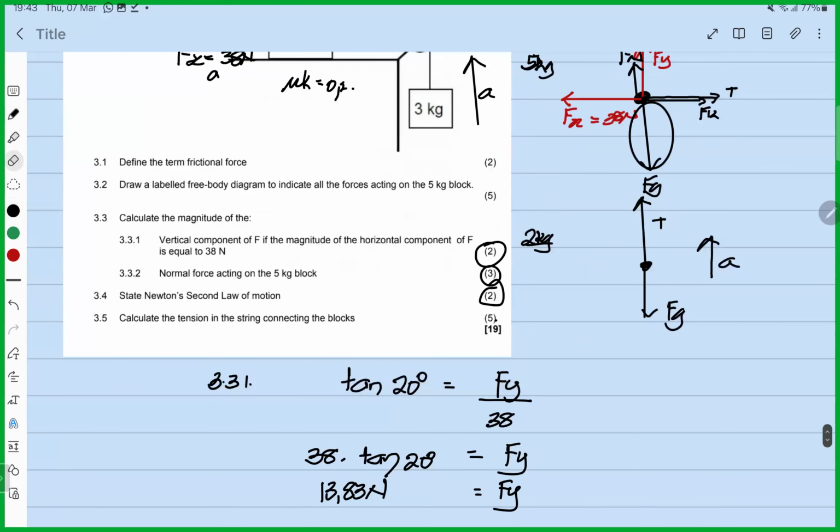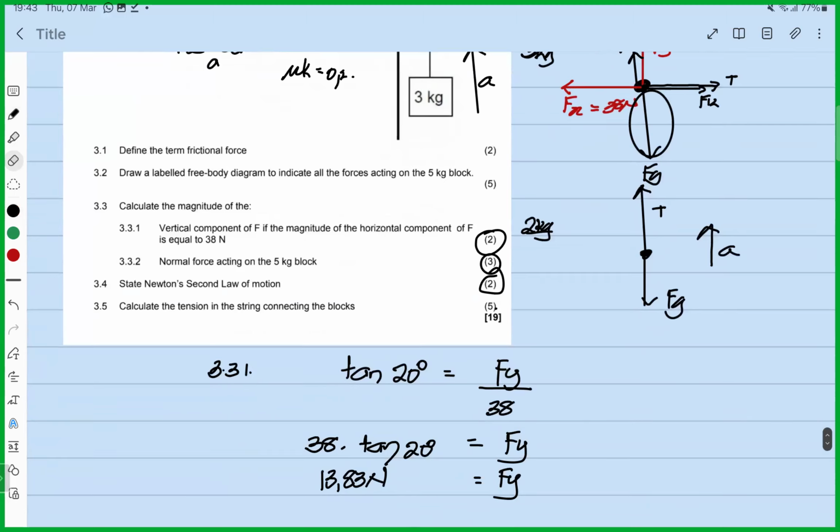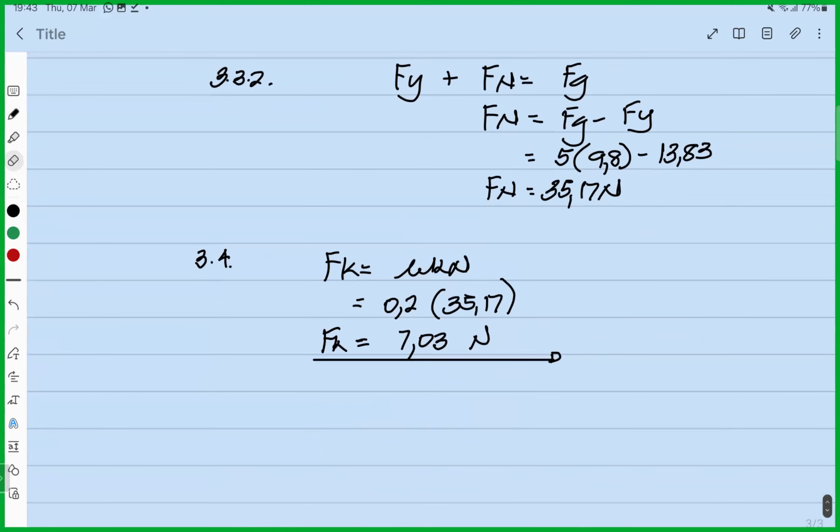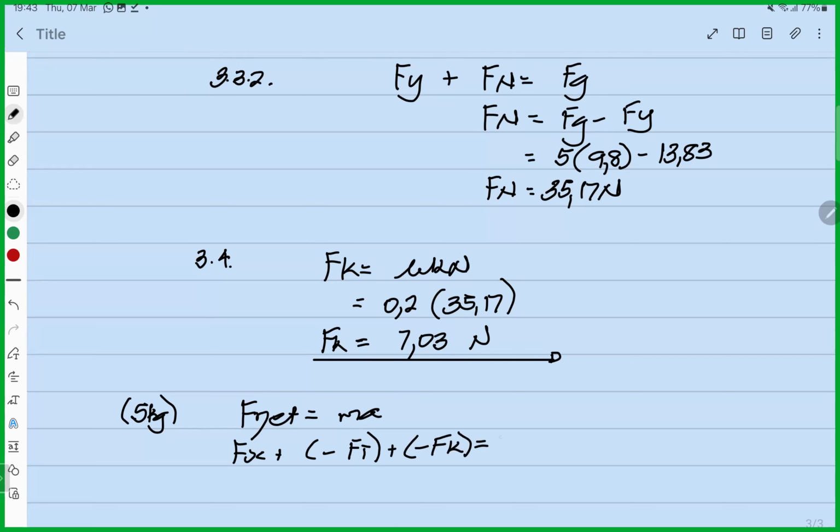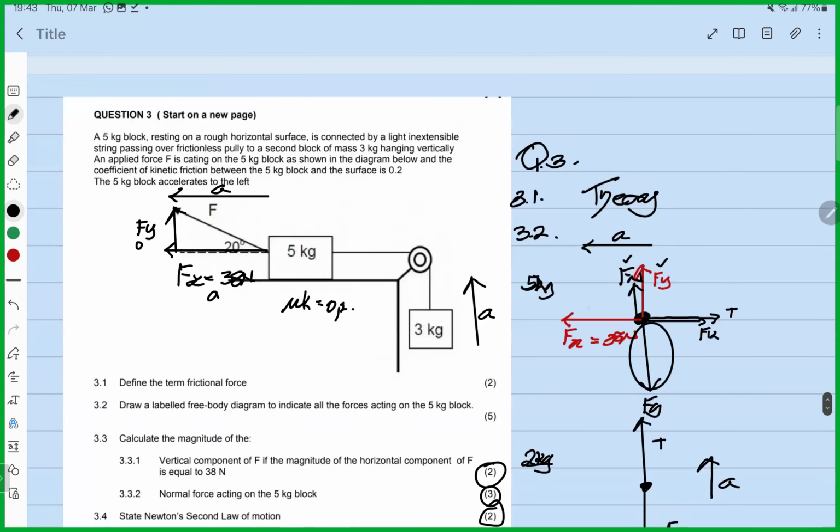Right, now to get the tension in the string, we're going to set up our two equations and solve them simultaneously. So we're going to go F net equals ma. This is for the 5 kilogram. For the 5 kilogram, it's going to be Fx minus your tension minus your kinetic friction equals ma.